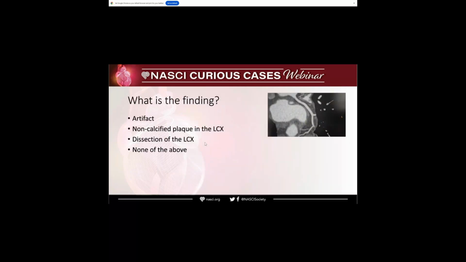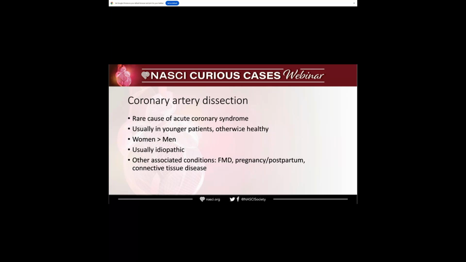So this is the dissection, and as Dr. Weber said, it's quite rare. It's not common at all, but it is an important finding to notice, and it's a rare cause of acute coronary syndrome, usually in younger patients that are otherwise healthy. For some reason, women are more susceptible to developing this complication than men. Usually it's idiopathic, but some conditions can be associated with it.